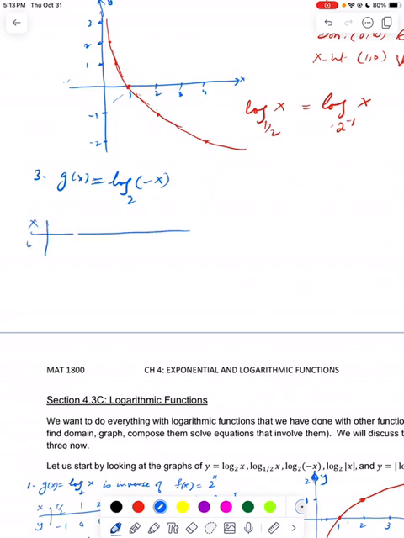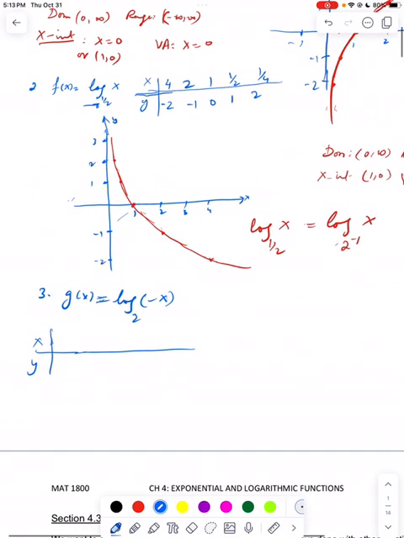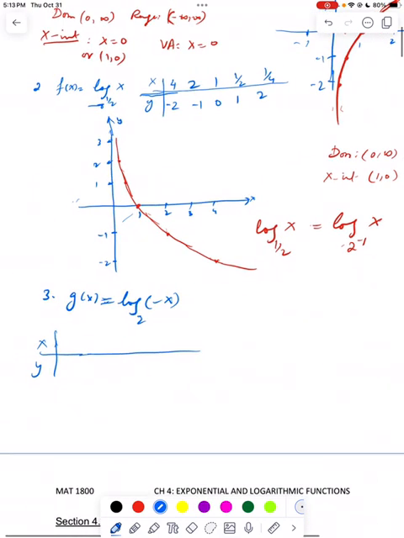So when I make my table, I can take the same values that we were taking before, like the ones I have here in the second example, but they will all be negative values.